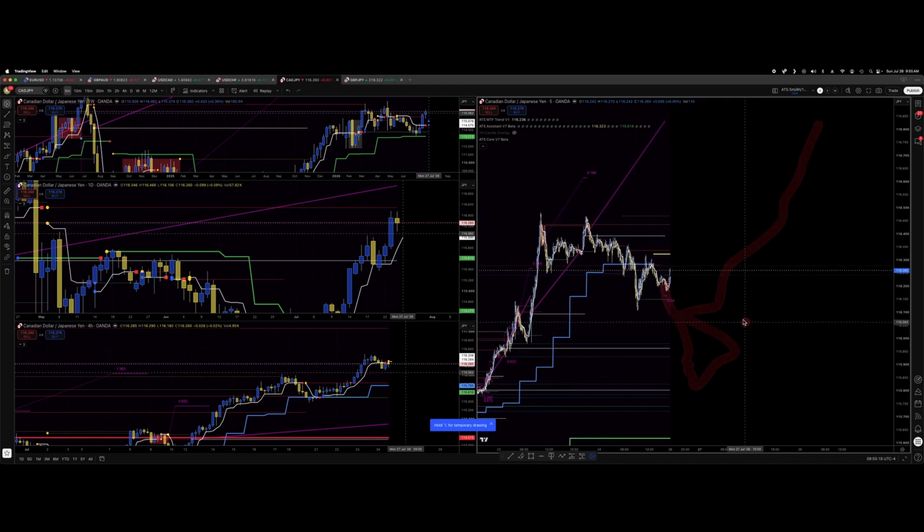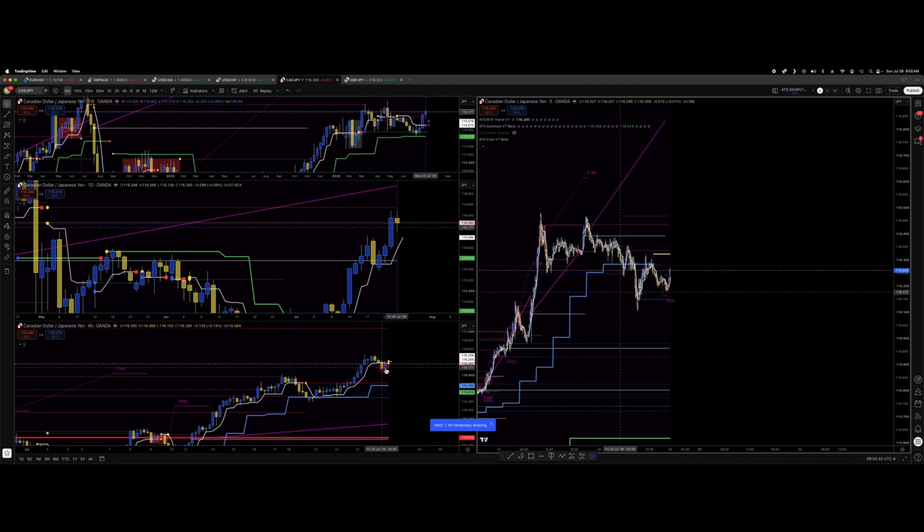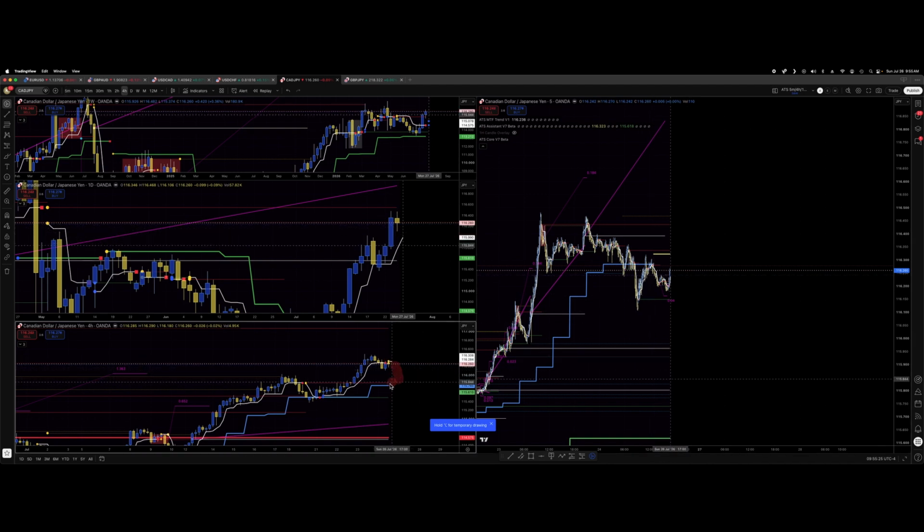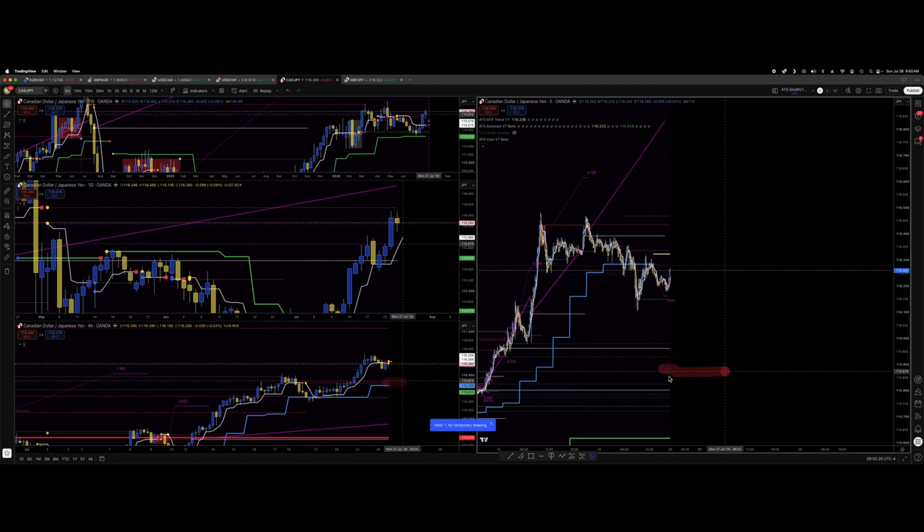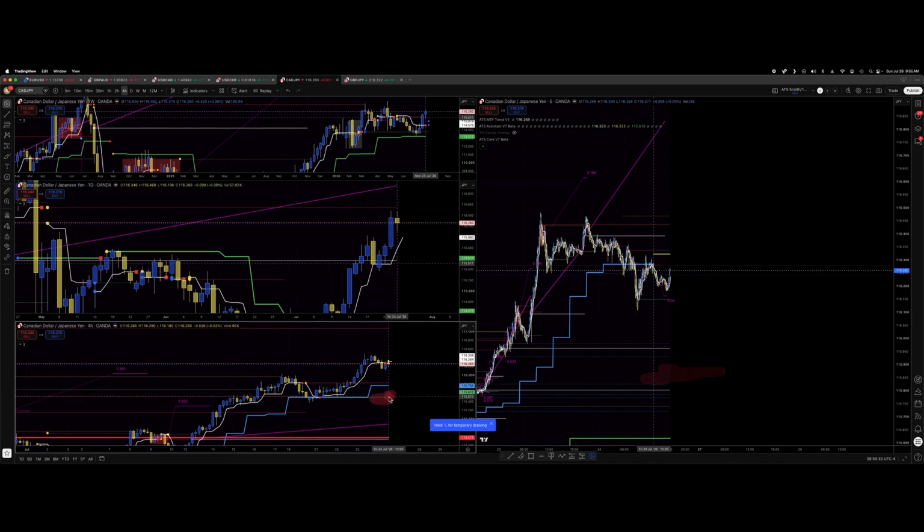That's what I think might be happening with this, as it may come down and test this institutional level, which is right around this area here.